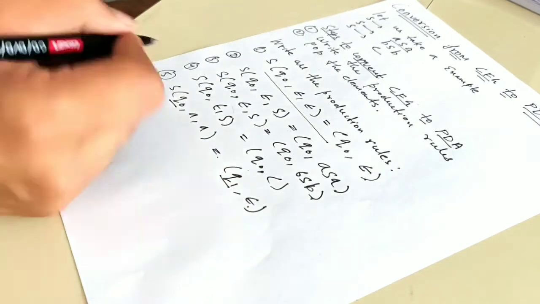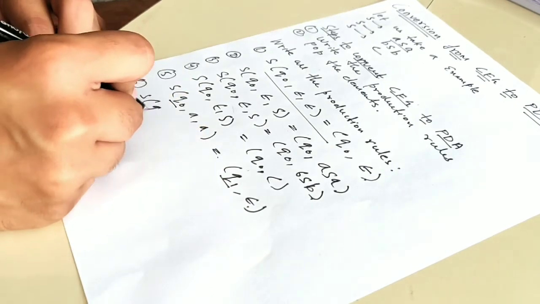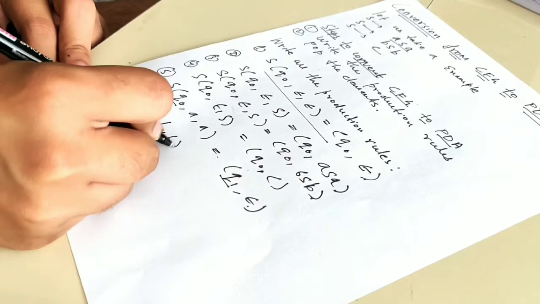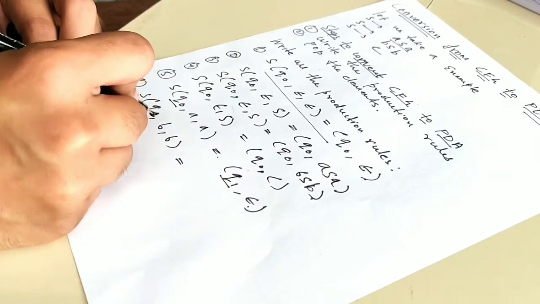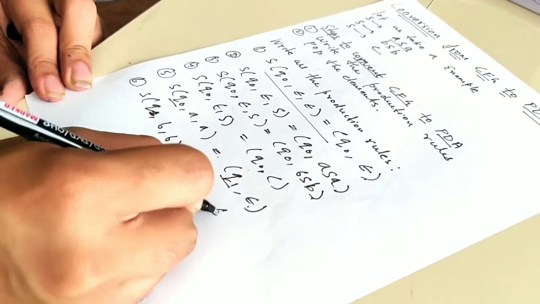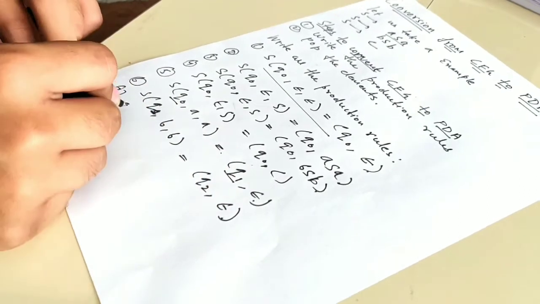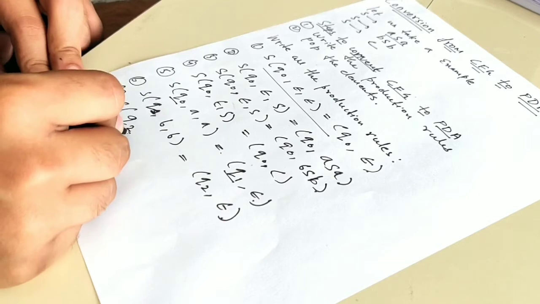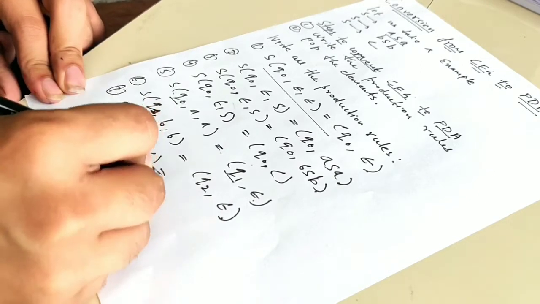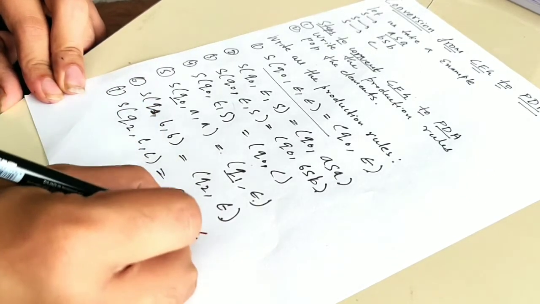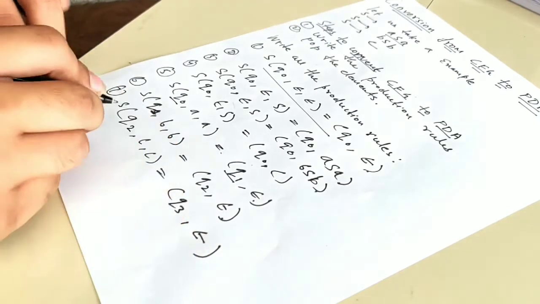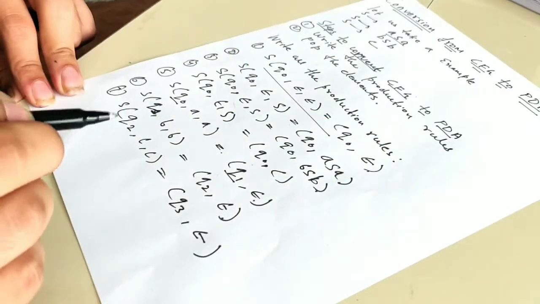So similarly for another two. B is equal to q2 comma epsilon, and for the last one, q2 comma C is q3 comma epsilon. Now we have taken all the production rules. Now we'll make a transition table.